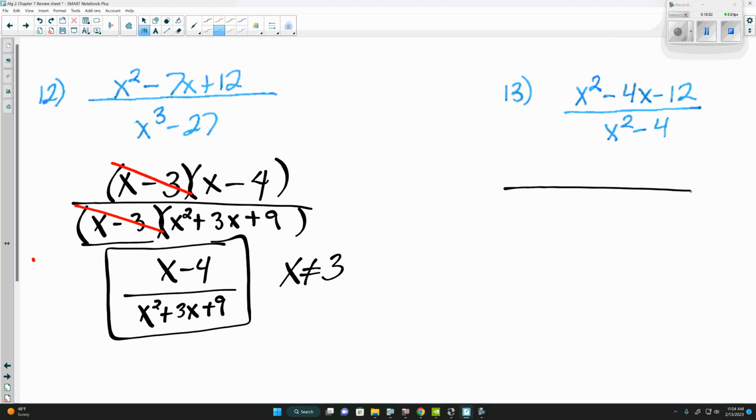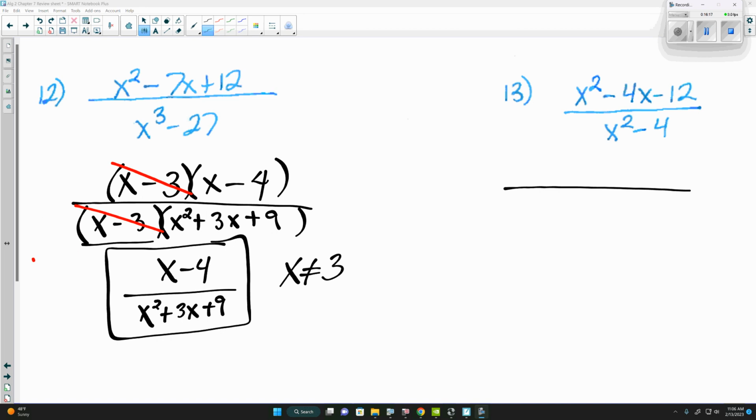Now, numerator and denominator, there is not a greatest common factor. So, let's look at the next part. x squared minus 4x minus 12 and x squared minus 4. There is no greatest common factor in the numerator or denominator. x squared is by itself, and there's no variables through all three. Now, which one we factor first doesn't really matter.